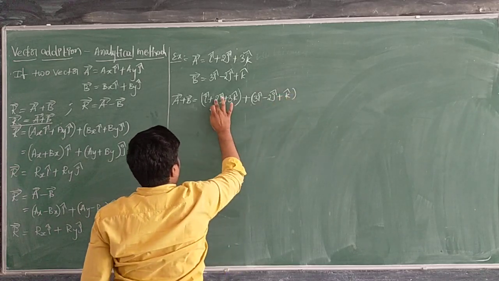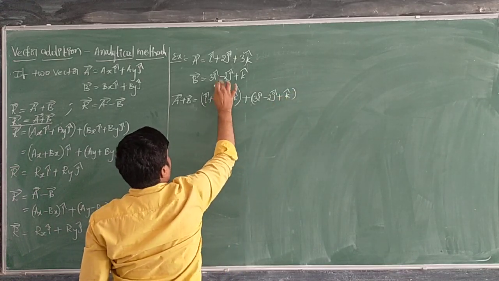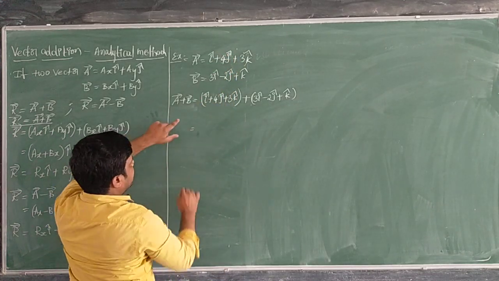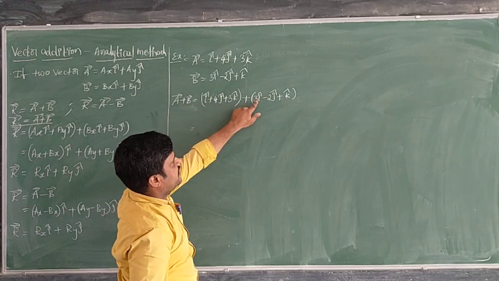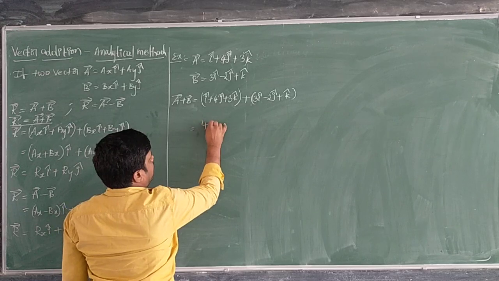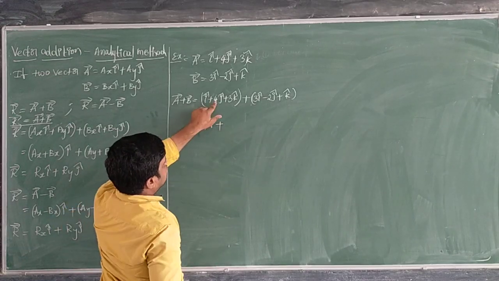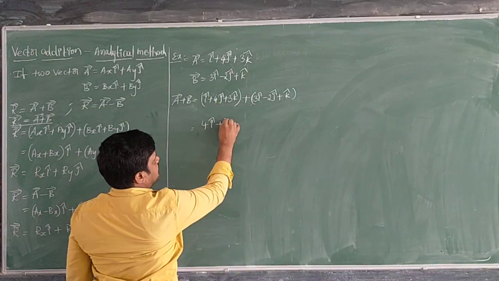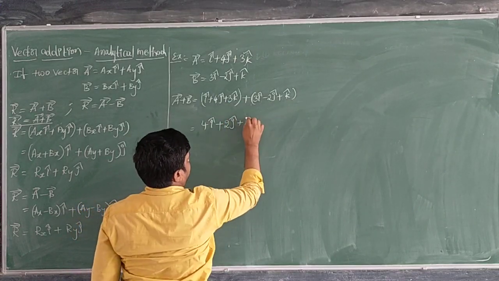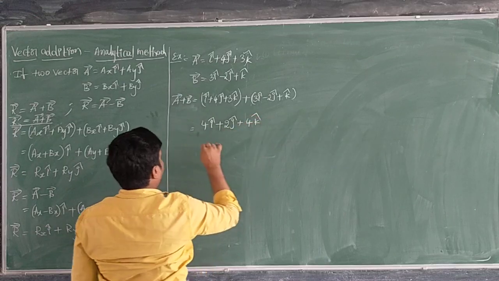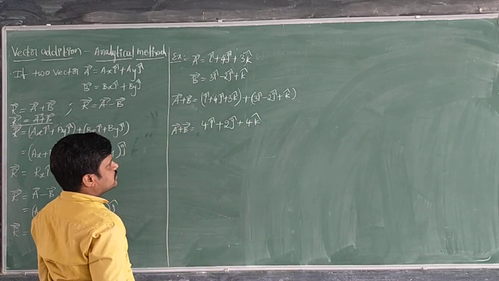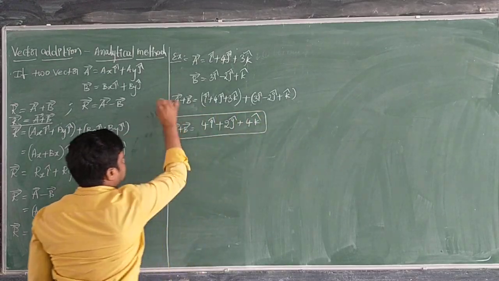Here i cap plus 3i cap is 4i cap. Next, 2j cap minus 2j cap is nothing but 0 j cap, and 3k cap plus k cap is 4k cap. So the addition of these two vectors is 4i cap plus 4k cap.